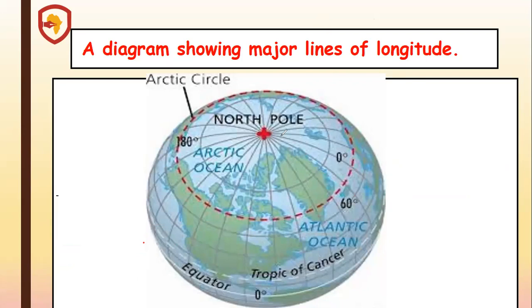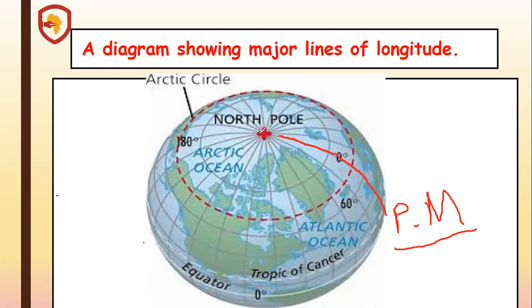Now here, this line which moves like this, from north to south, marked 0 degrees, you see? It goes and continues through there. This is now called the prime meridian, which we say is also called the Greenwich meridian. Then there are others, this one, this one, this one. All these are lines of longitude, okay? They are imaginary lines drawn on a map from north to south.